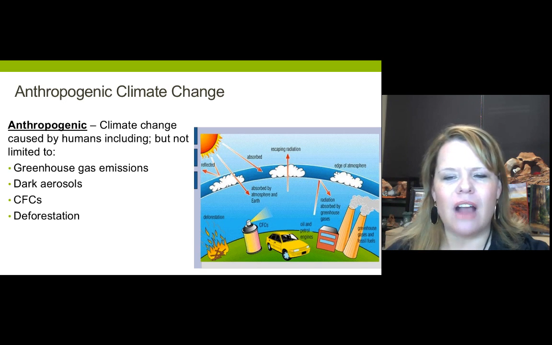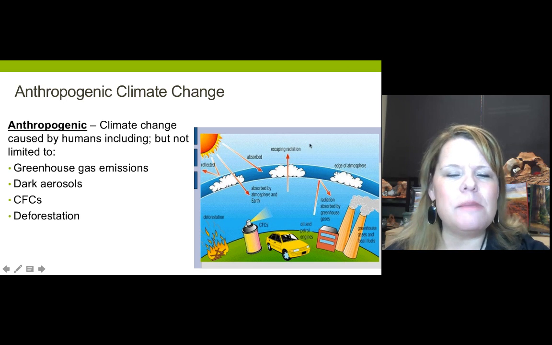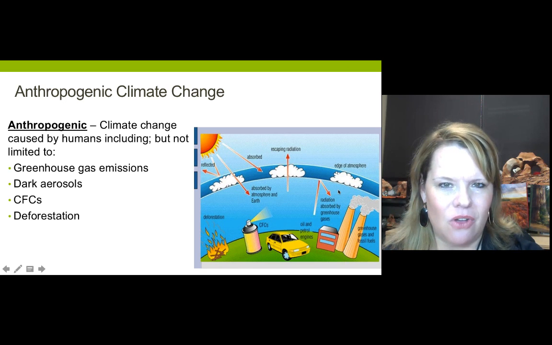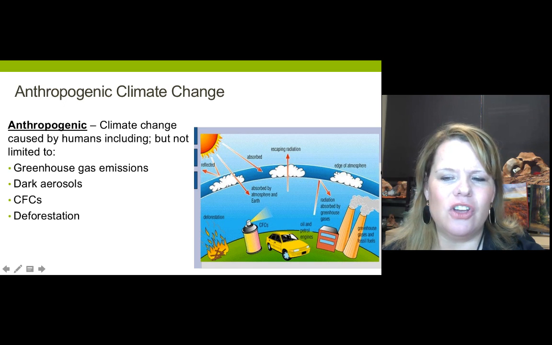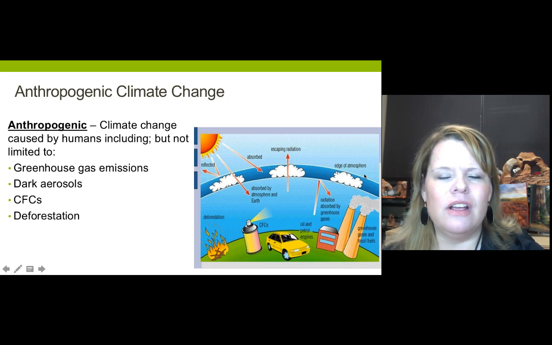So all of these factors change the budget that we learned about in the first lecture, and if we have too much of a good thing like greenhouse gases, this can change the chemistry of our atmosphere. So let's say we have too much greenhouse emissions, that's going to trap more heat.